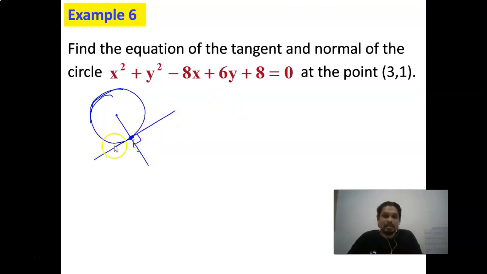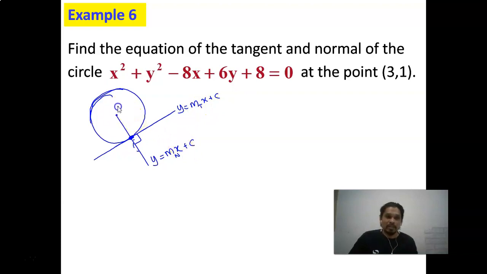So this is the line of tangent, y equals m_t x plus c, where this is the gradient of tangent, and this is y equals mx plus c, where this is the gradient of normal.